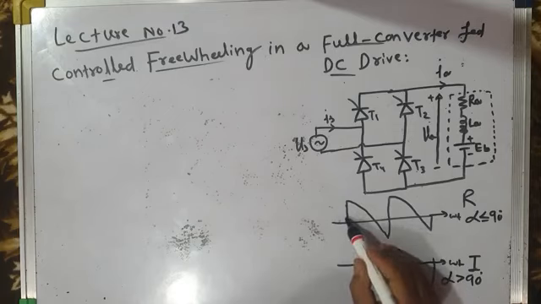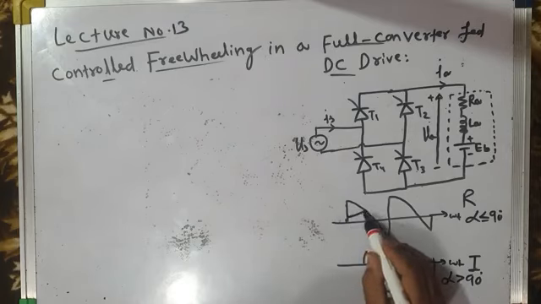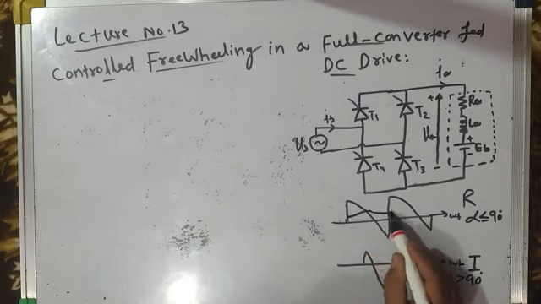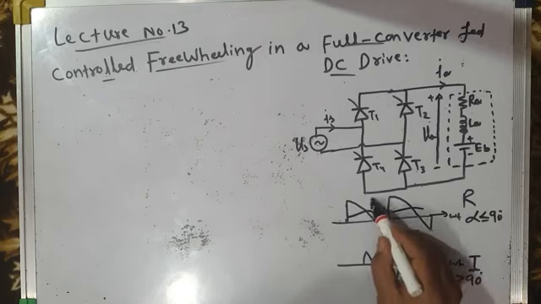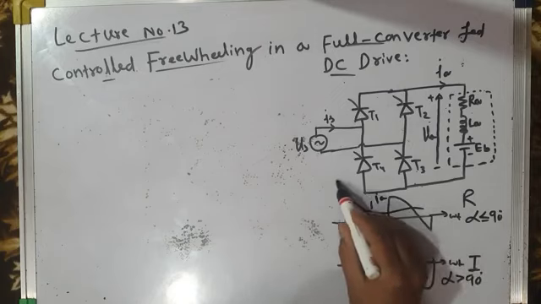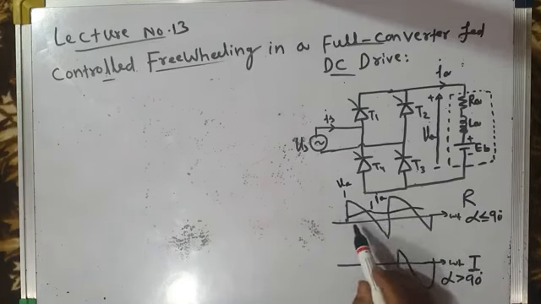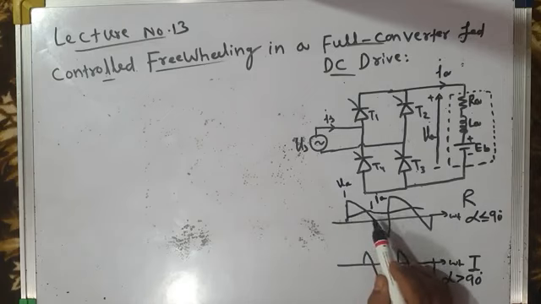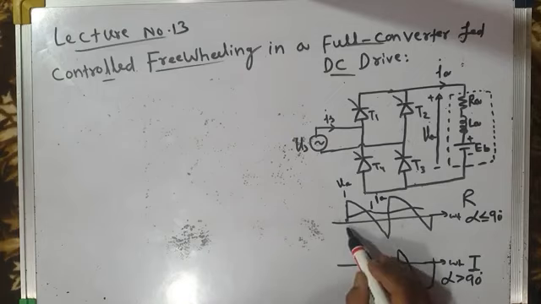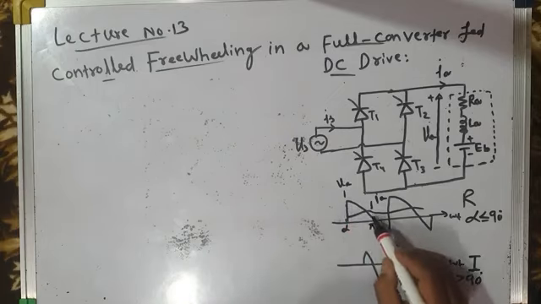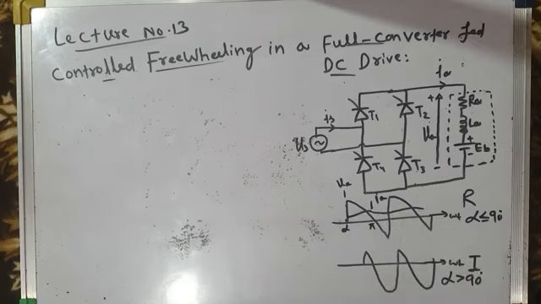And as far as current is concerned, current is constant. Current is unidirectional. That means this is the armature current Ia, this is the armature voltage Va, which means that although the load voltage or armature voltage reverses its polarity, the armature current or load current is unidirectional. It does not reverse its polarity, which means that from alpha to pi, armature voltage is positive, current is also positive, so power is positive.